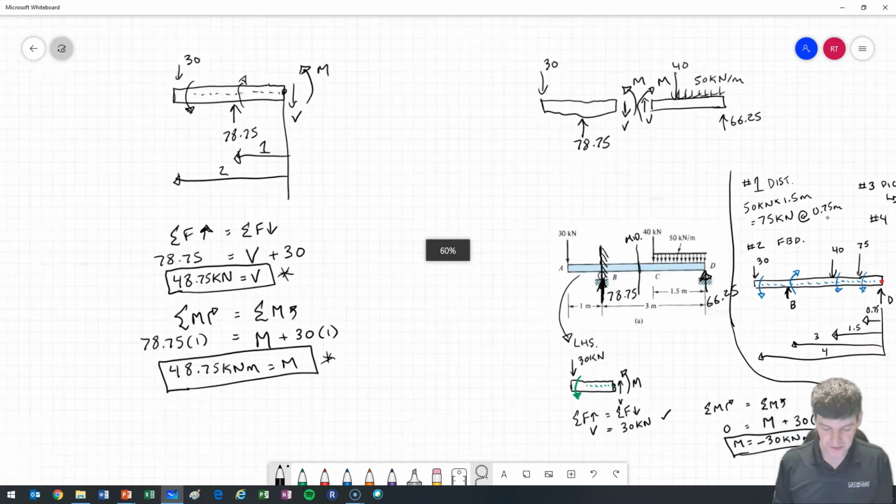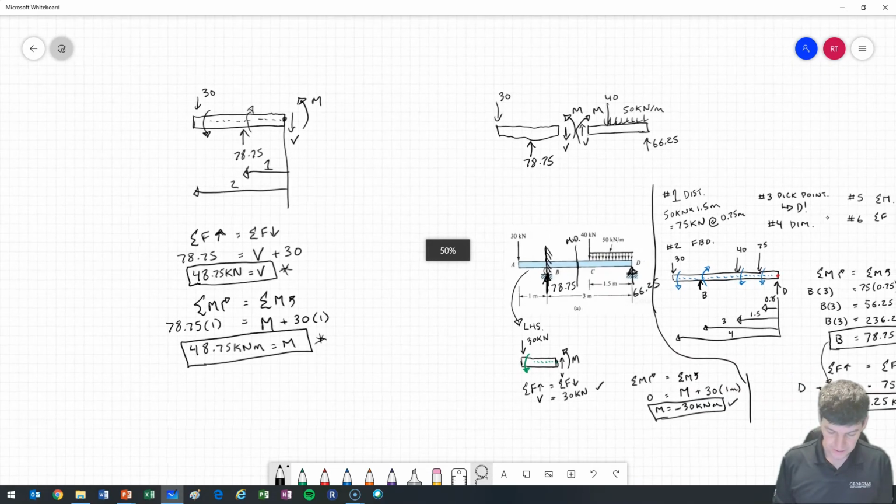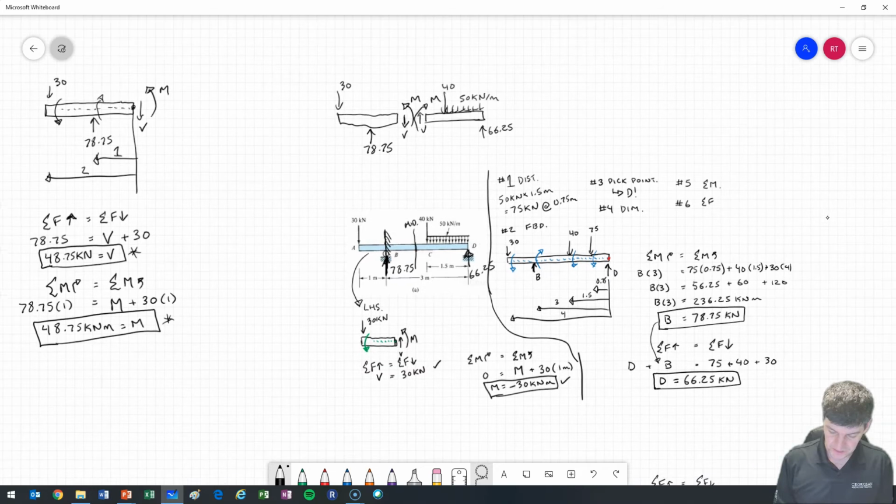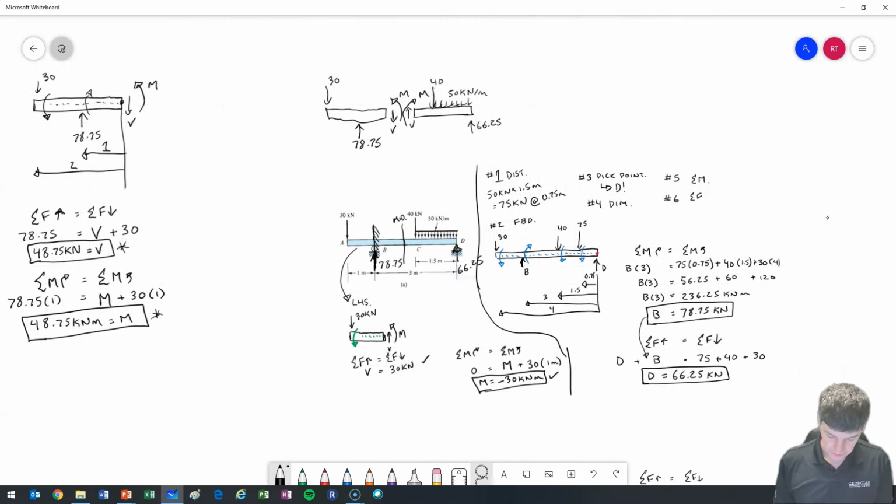This all takes a lot of work. It all takes a number of steps. We just go back and review our steps. 1, we have a distributed load. We have to do a distributed load. And all of this is to find our external loads.